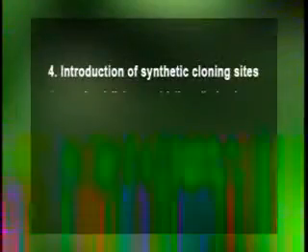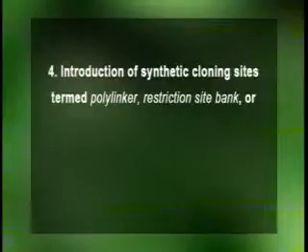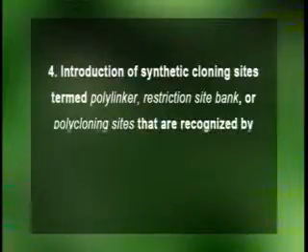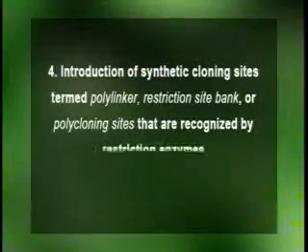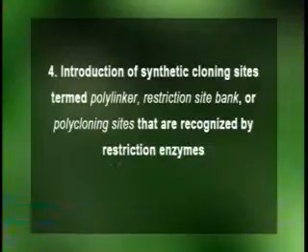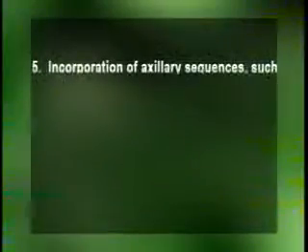Number 4. Introduction of synthetic cloning sites termed polylinker restriction site bank or polycloning sites that are recognized by restriction enzymes. This polycloning site is usually present inside a marker gene so that with the insertion of foreign DNA, it will inactivate that marker gene and the recombinants can be selected. Number 5.